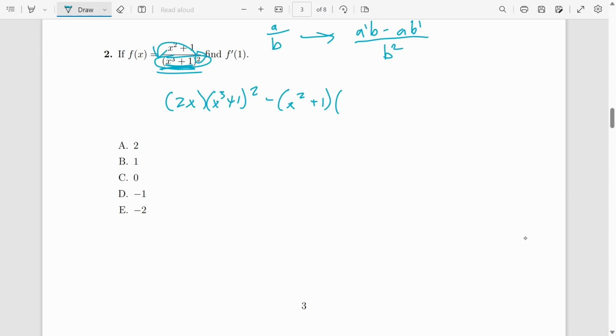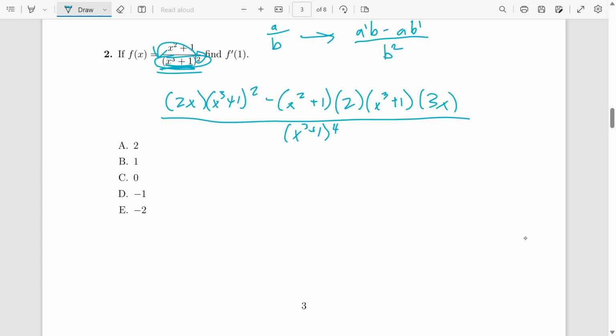So we get 2 times the inside unchanged, x cubed plus 1, times the derivative of the inside, which is 3x. And this is all divided by the bottom squared, which is x cubed plus 1 to the fourth.